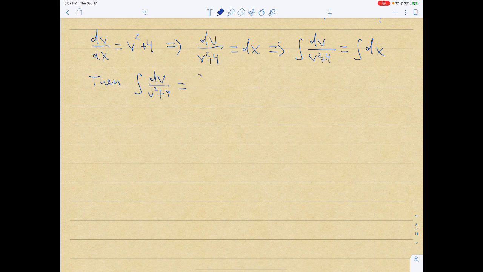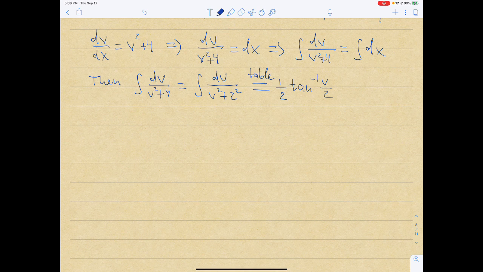This actually is an integral of dv over v squared plus 2 squared. And that is a table integral. So if you go to the table, you see that this is an arctangent of v divided by 2 itself multiplied by 1/2. So it's 1 over a times arctangent of v over a, but in this case, a is 2.